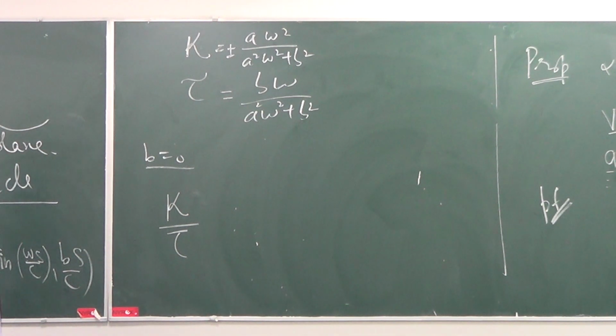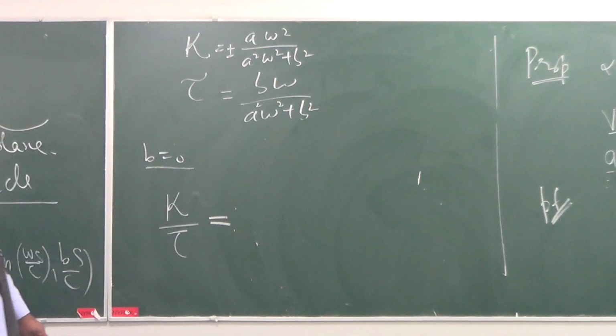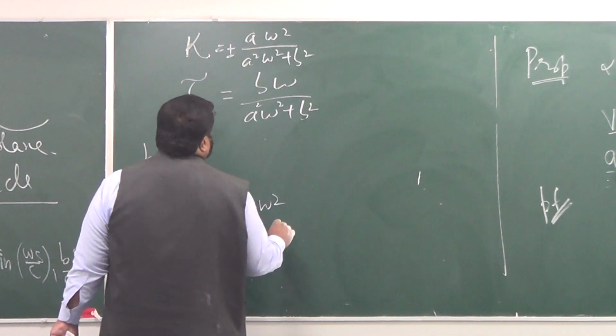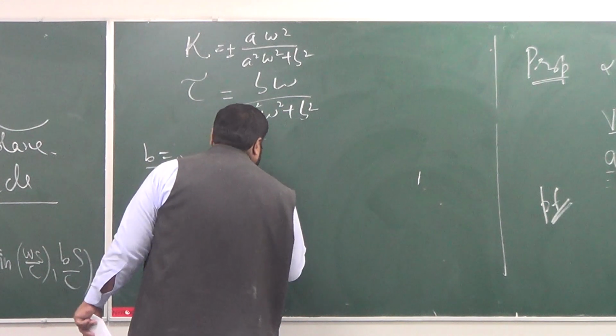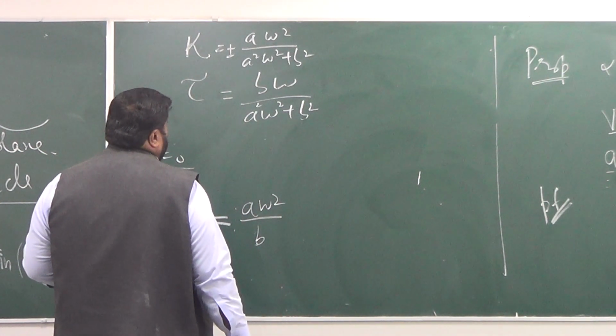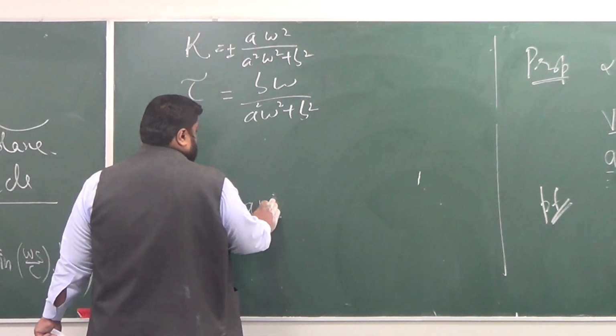The next key observation that I would like to make is to take the ratio of kappa over tau. What are you going to get? You're going to get a omega squared over b omega, which simplifies as the omega squared cancels.